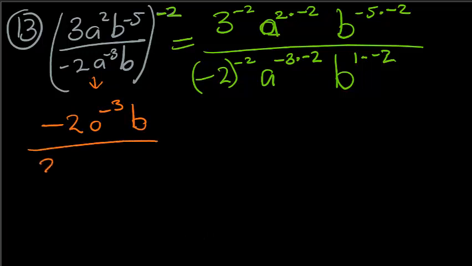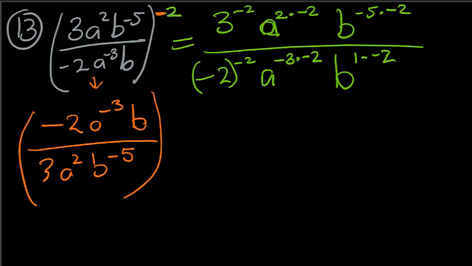As a denominator, I'm going to have 3, a^2, b^-5. And I'm keeping my negative exponents here because all that I'm dealing with is this outside minus. That outside minus disappears and it becomes squared. So two ways of doing the exact same thing.